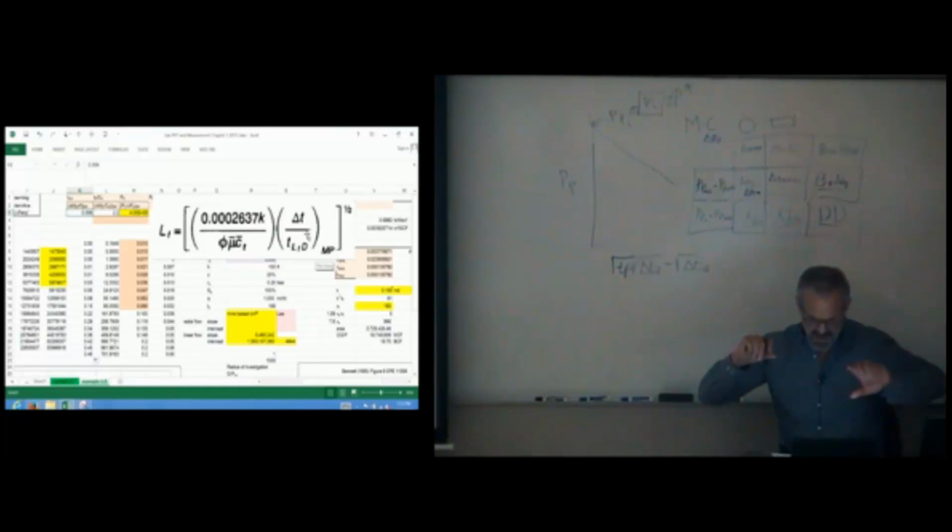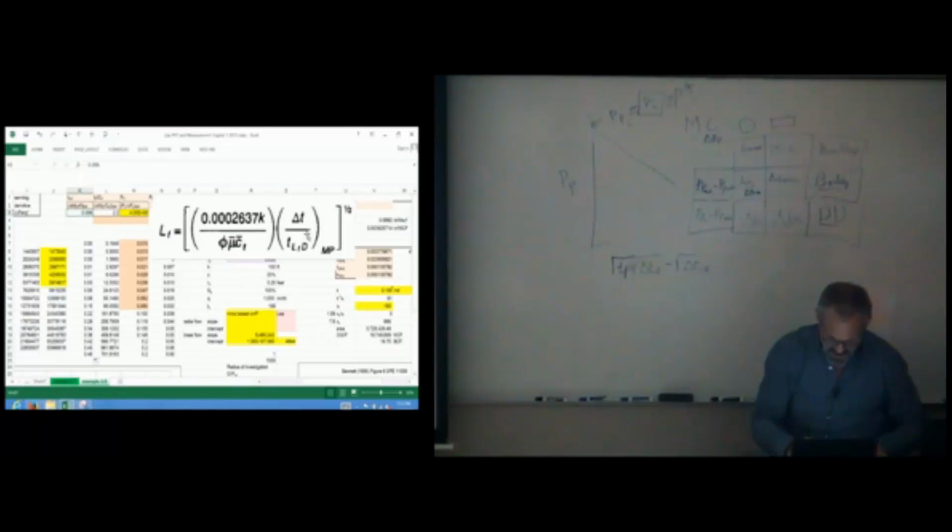And then if I divide, actually I want that upside down, but it doesn't matter. I'm going to leave it that way because it's going to be easier. Equals x sub f, and then I'm going to square x sub f, and divide it by 0.0002637 k over phi mu c sub t. So I'm going to try to do that calculation right here.